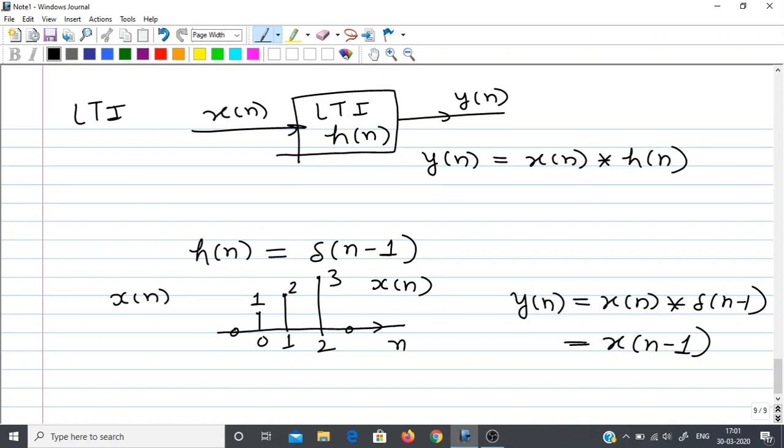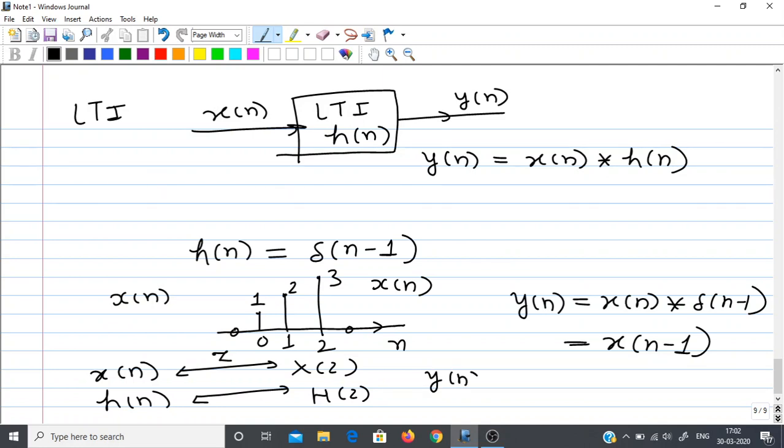Now, if you take the transforms of these three signals, assume you take the Z transform: let's say the Z transform of x[n] is X(z), the Z transform of h[n] is H(z), and the Z transform of y[n] is Y(z).